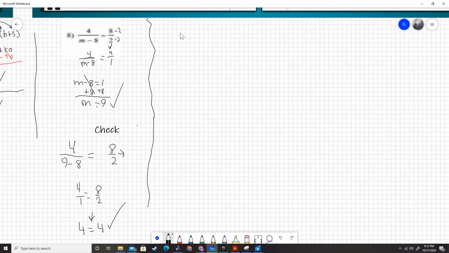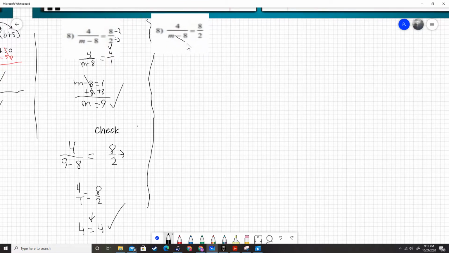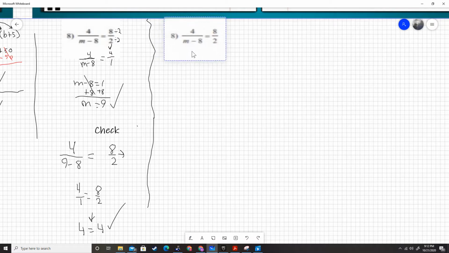So if I go through and do this, let me just copy that over. Alright, cool. So we have our fraction all set up, and we're going to cross multiply this time, and then we're going to solve. So the numerator here times the denominator there, and in that same direction on the other side.